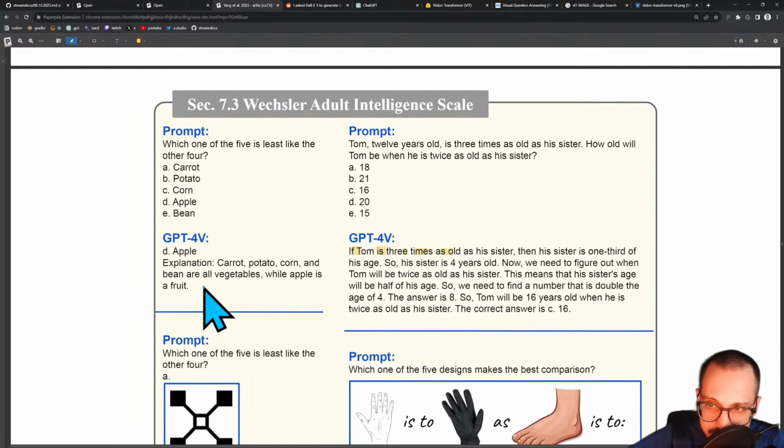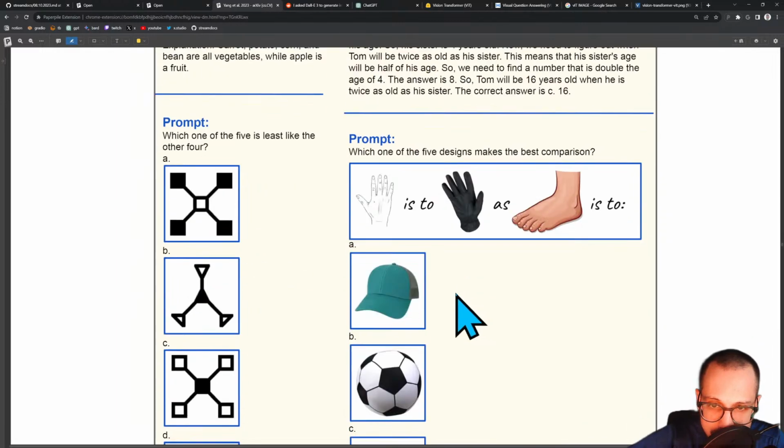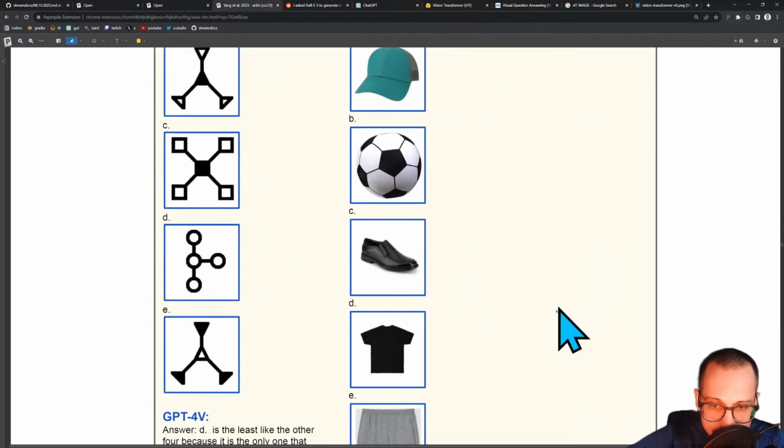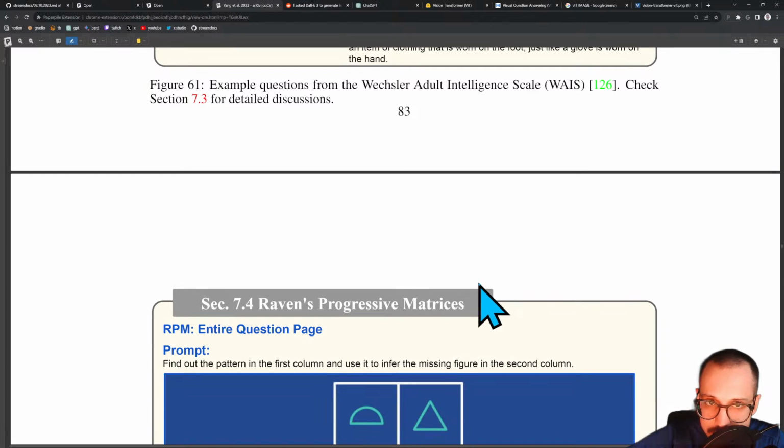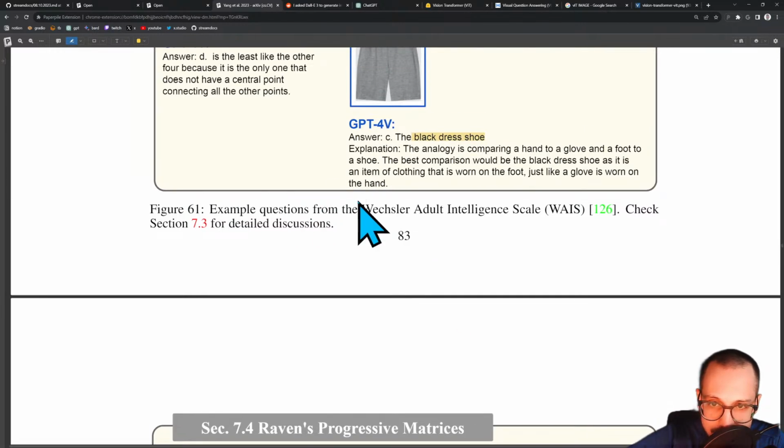Can solve these little visual questions here. Hand is to glove as foot is to... boot, black dress shoe. Example questions from the Wechsler Adult Intelligence Scale.